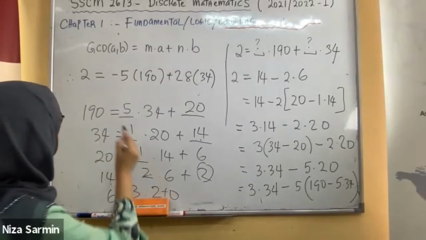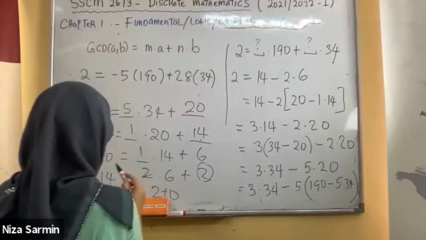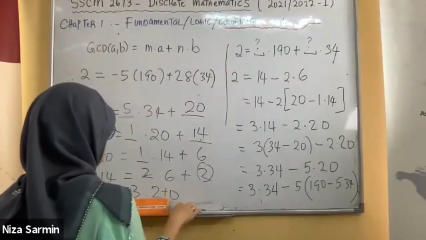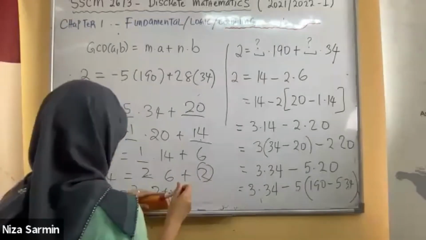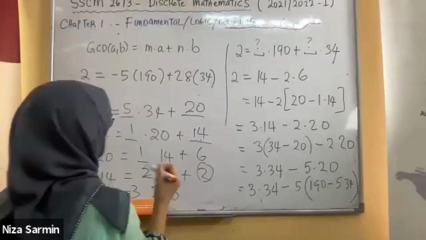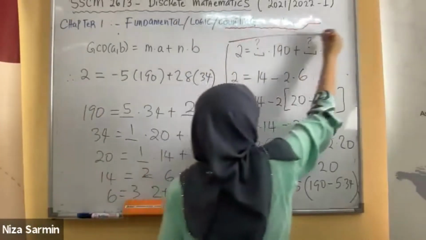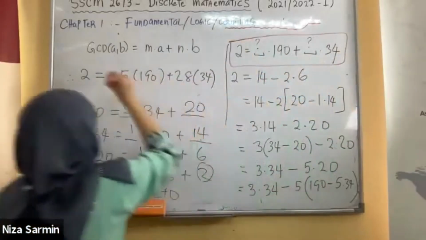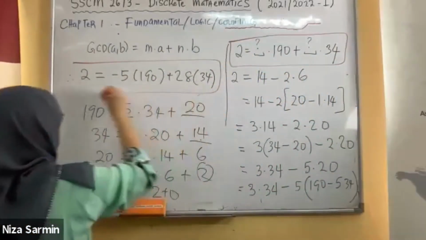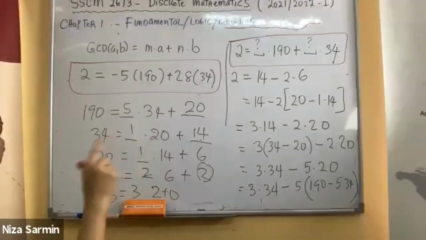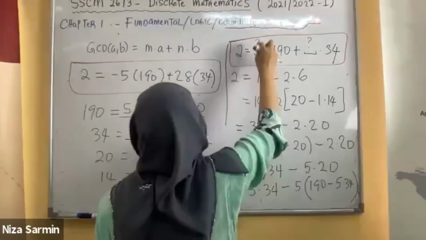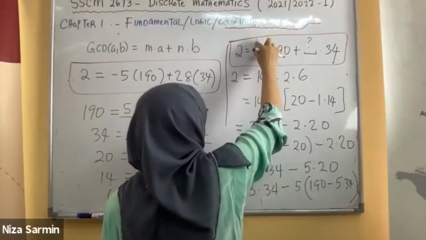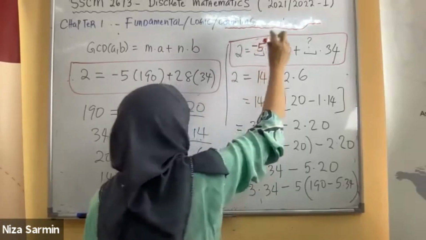So you can now see that this is the question, right? And this is what we have. Then you can compare. So this is -5.